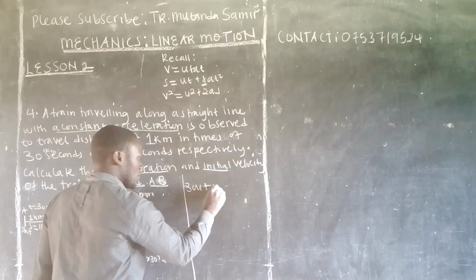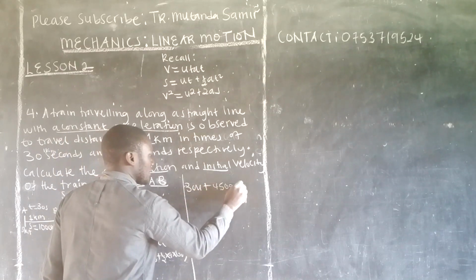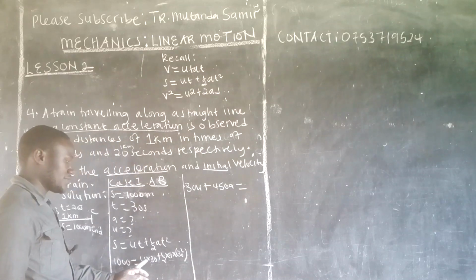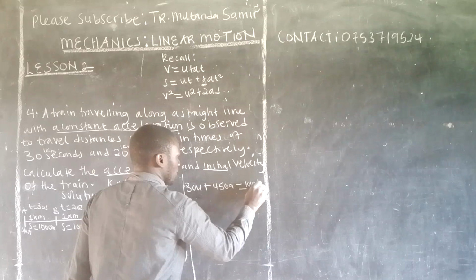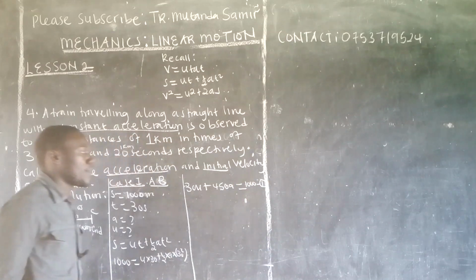So plus 450A must be equal to 1,000. Then I will call this one my equation number 1.